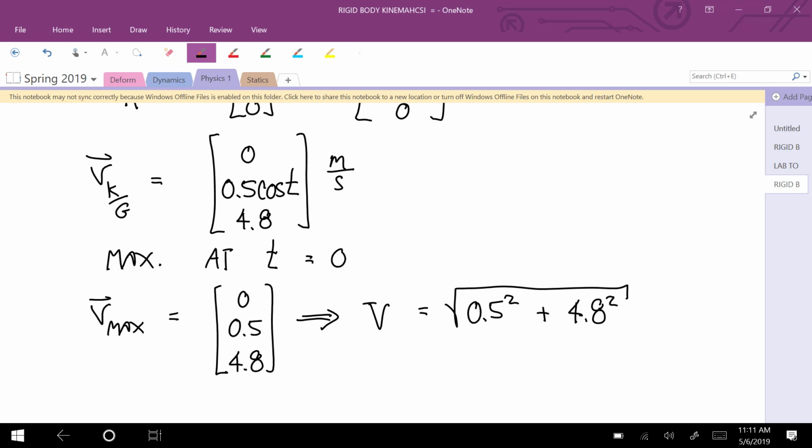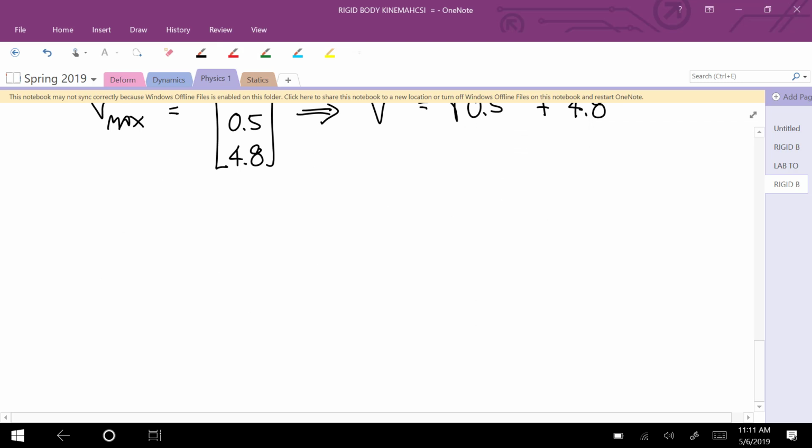And the acceleration is the same idea. The acceleration of the kid relative to the ground is equal to the acceleration of the kid relative to A plus the acceleration of A relative to the ground.